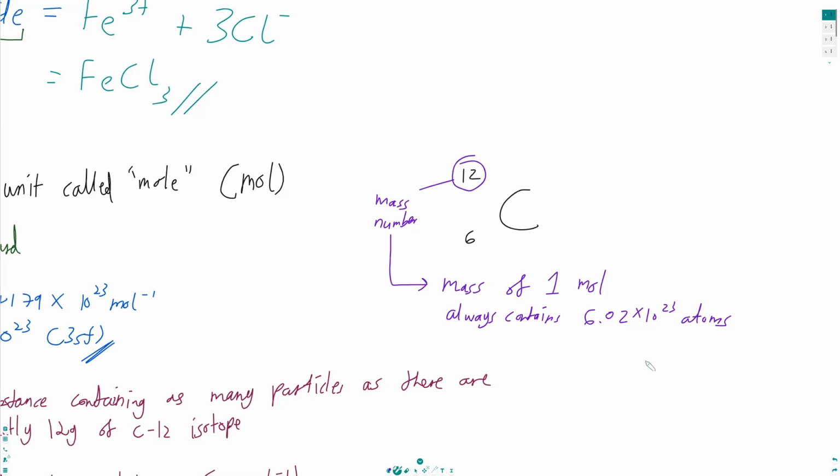An amount of ions, so OH minus ions. 1 mole of oxygen could either refer to oxygen atoms, which is represented by an O, or to oxygen molecules, which is represented by O2. So 1 mole of O, as in single oxygen atoms, or 1 mole of O2. That's what they're saying in the textbook.